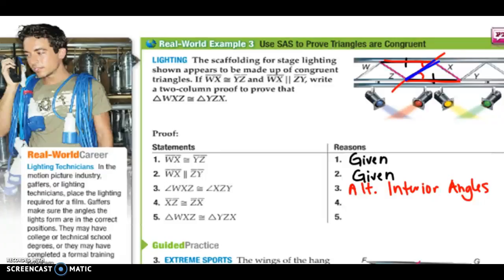But since it's just the opposite, that's called the symmetric property of congruence. And so then if we look right here, I'll color it in purple for you so you can see it better. WX is congruent to YZ. These angles are congruent, and this side is congruent to this side. So we now have a side angle side congruence. Very good.